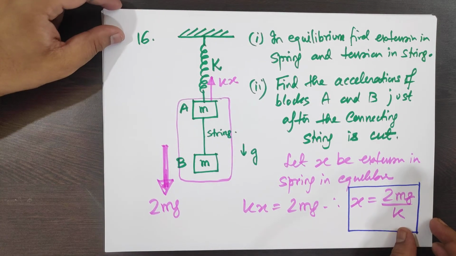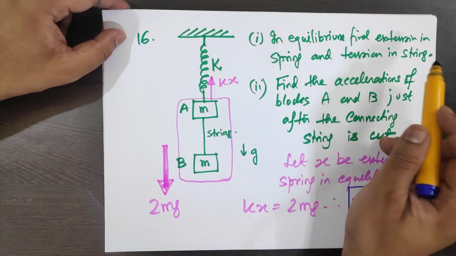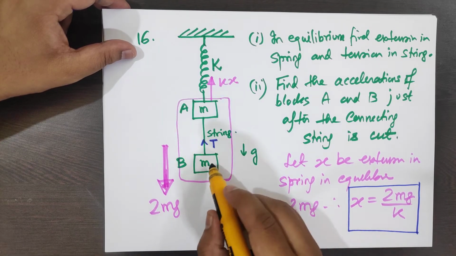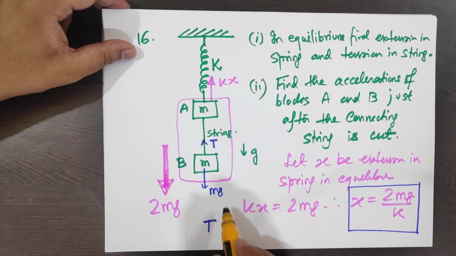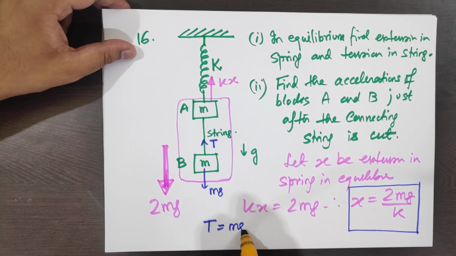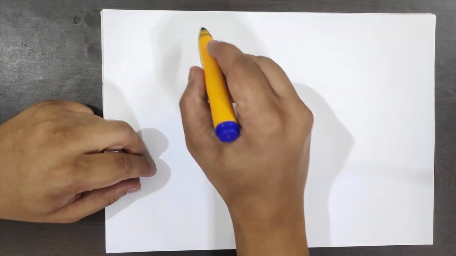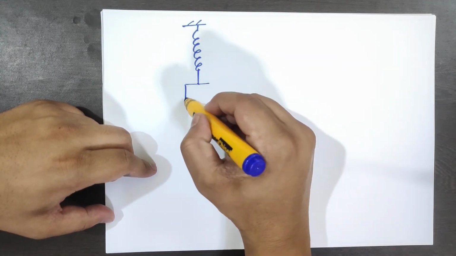Now, find the tension in the string. Oh, that was left out. For the tension in the string, you have to consider this block B only, free body diagram. Obviously block B is at rest, so tension is equal to mg. Or you could have found it in this way also. Instead of taking the A plus B system, you could split it up.